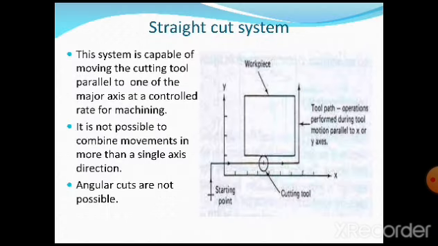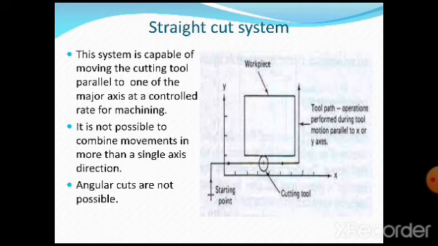So let us go to the next one, that is the straight cut system. So straight cut system means what? The tool is made to move in a straight path only. Here it is not possible to give the motions in 2 axes.